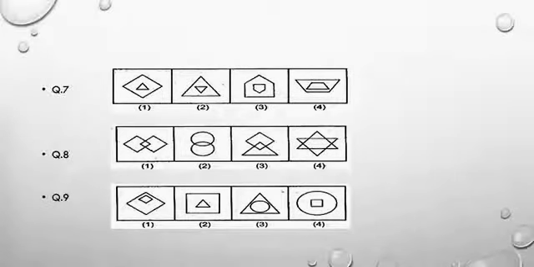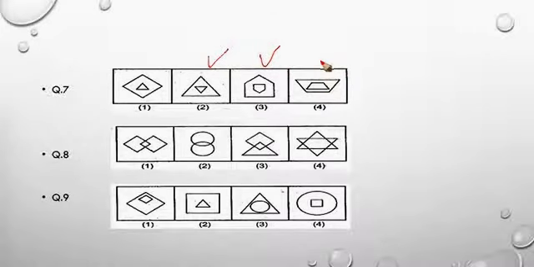In each of the problem figures, there is one design which is inside the other, and there is another design which is inside of the design. When we observe these 4 problem figures carefully, we find that in case of problem figure 2, the outer design, which is the triangle, has inside also a triangle, and in problem figure 3, the same design is outside and the same design is inside.